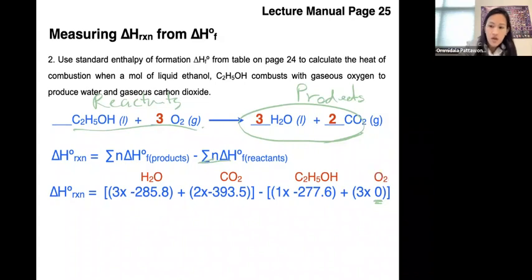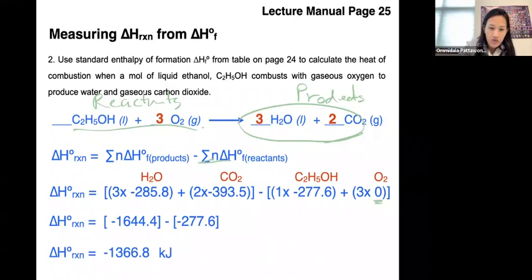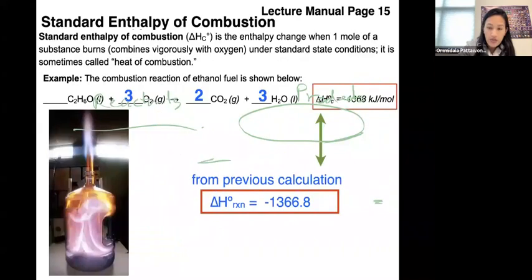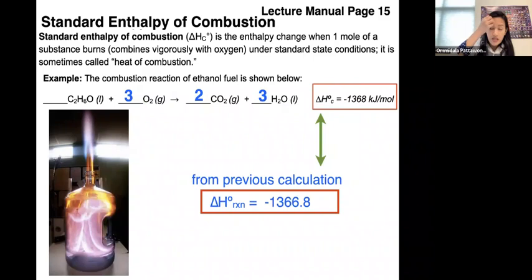So in this case, if you calculate this value, you are going to get negative 1,366.8 kilojoule. This is the same as what we saw earlier, I think in section 8.4 when we did the lecture demo.